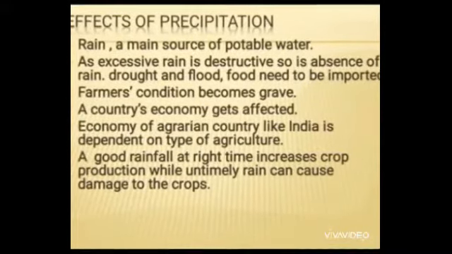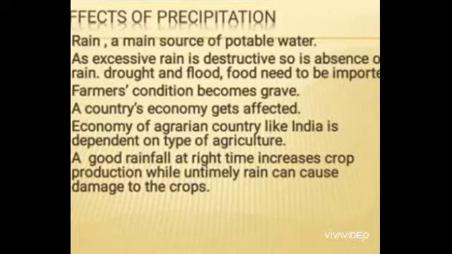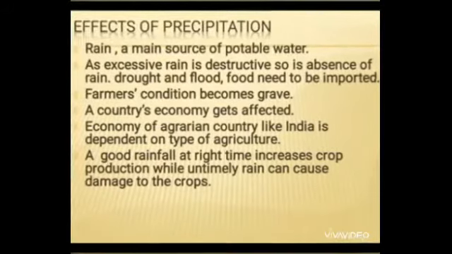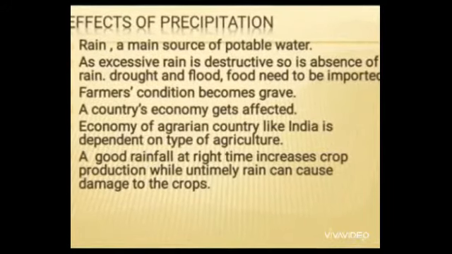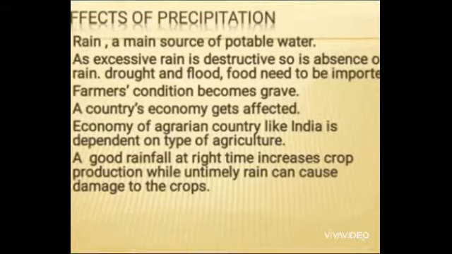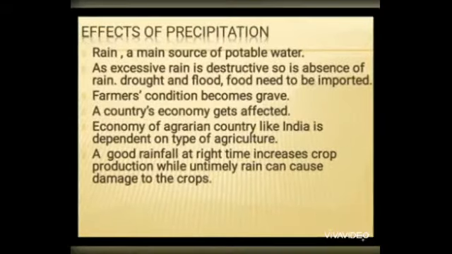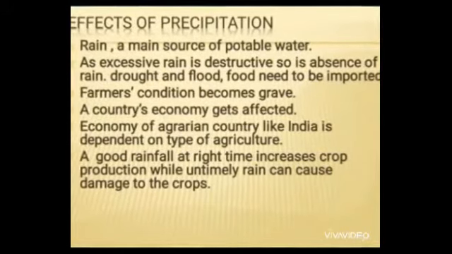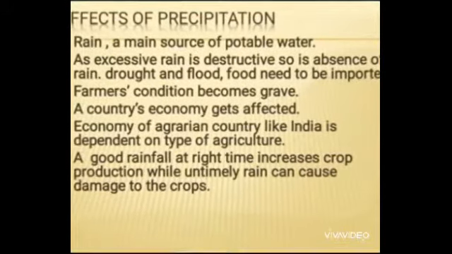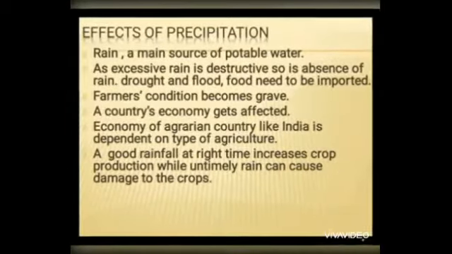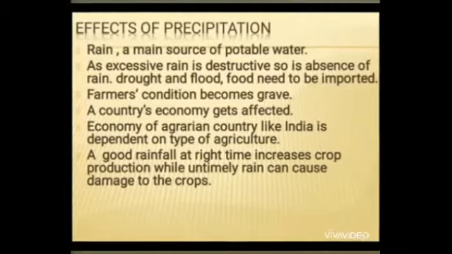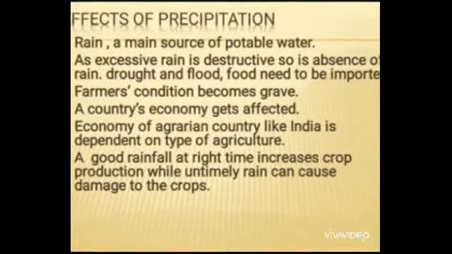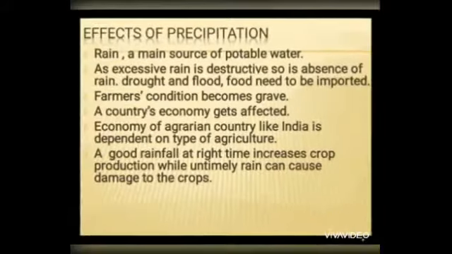Heavy rainfall causes floods and no rainfall will cause droughts. There is a shortfall of food and food may have to be imported. Farmers' condition becomes grave. A country's economy gets affected.